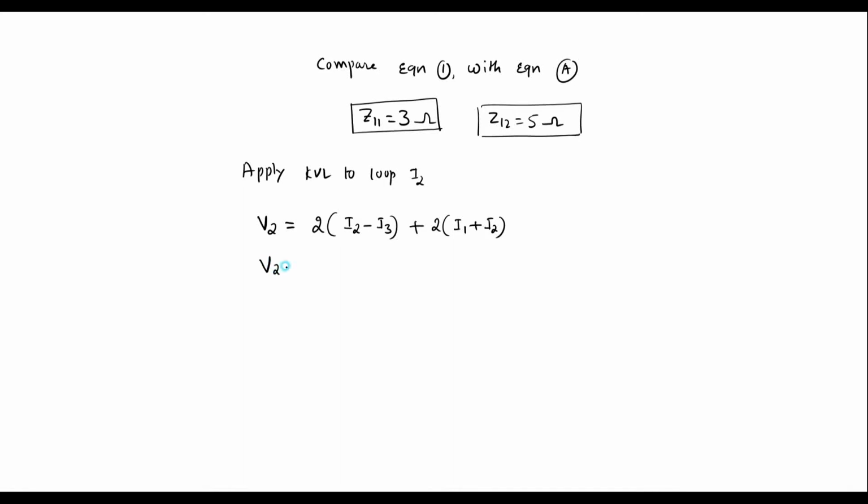Let me simplify. V2 is equal to 2I2 minus 2I3 plus 2I1 plus 2I2, or I can write V2 equal to 2I1 plus 4I2 minus 2I3.